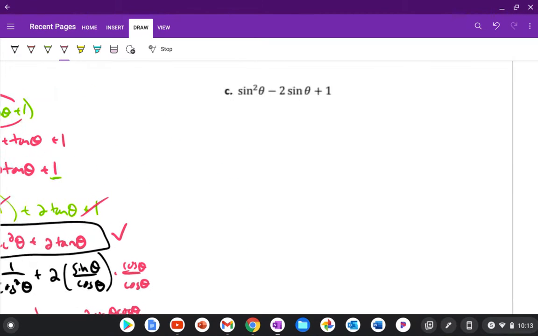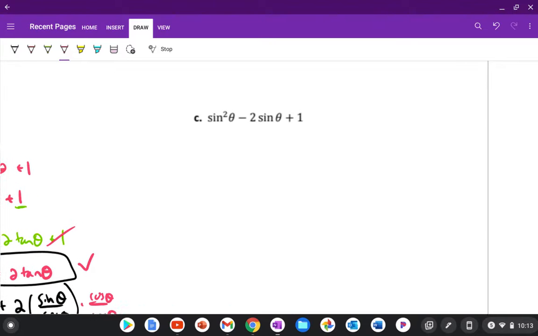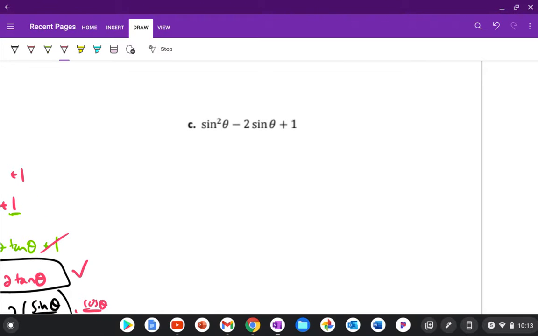All right, let's try the next one. This one's actually going to be a factoring. If you think of this sine squared instead of like an x, if you think of it just as x squared minus 2x plus 1, it's a little easier to think about factoring this, because then you would do your 2 sets of parentheses. And instead of having an x and an x, you're going to have a sine theta and a sine theta.